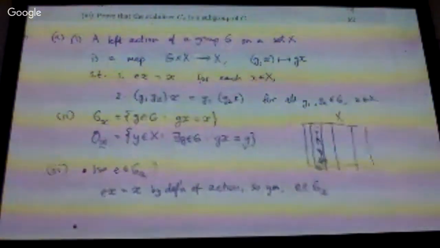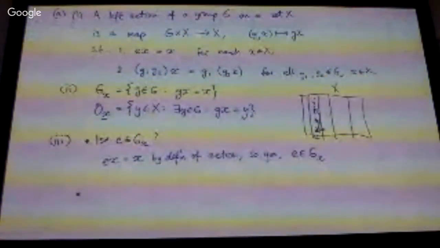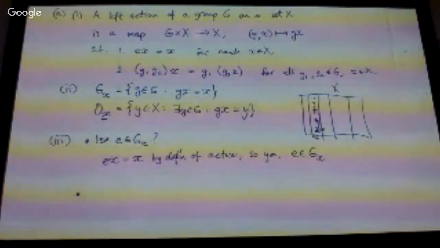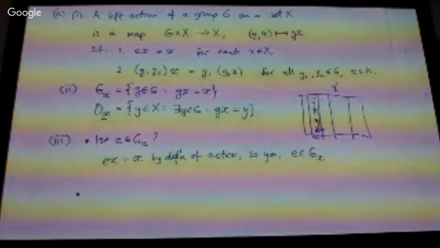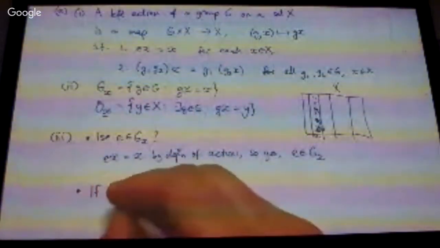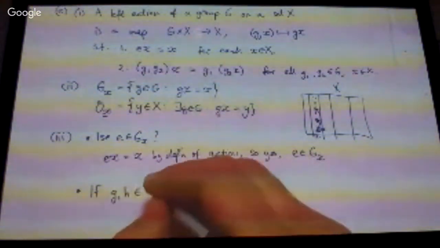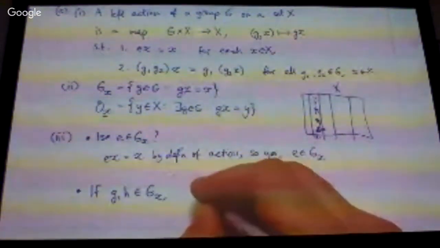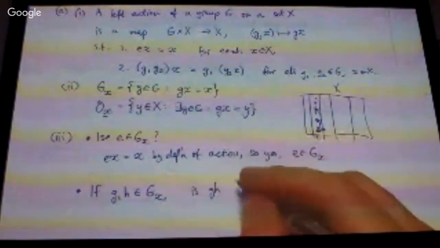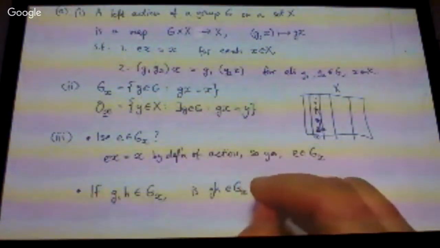The second point we want is, if you have two elements in GX, is their product also in GX? So if G and H are in the stabilizer, is GH also in the stabilizer?